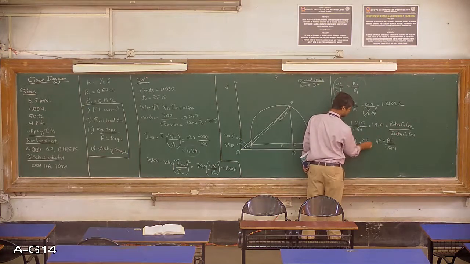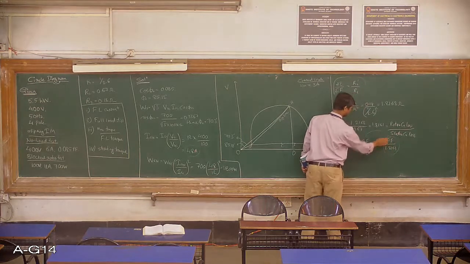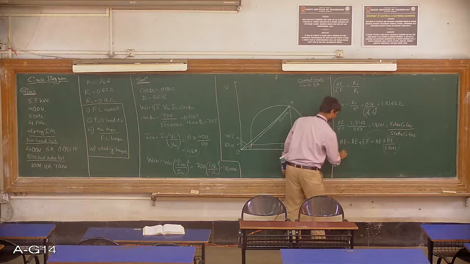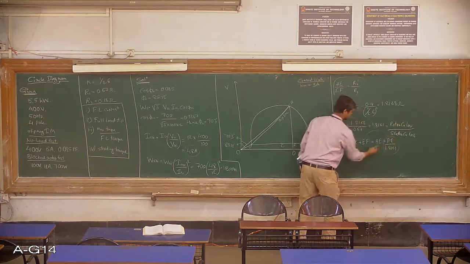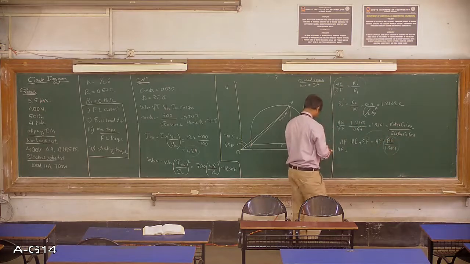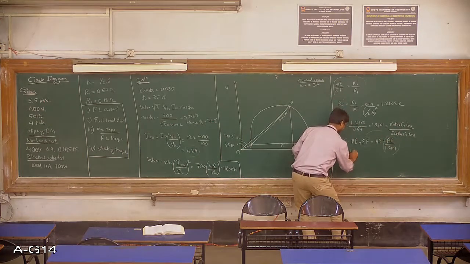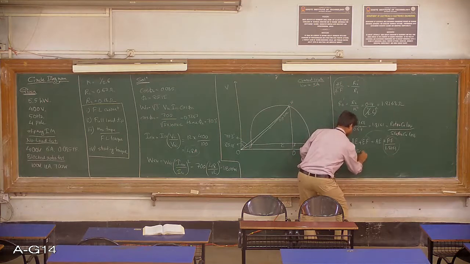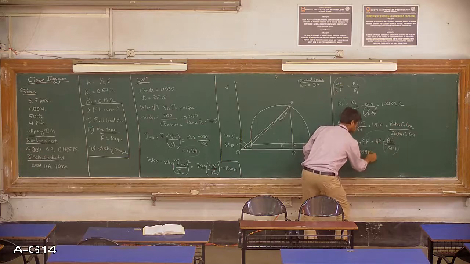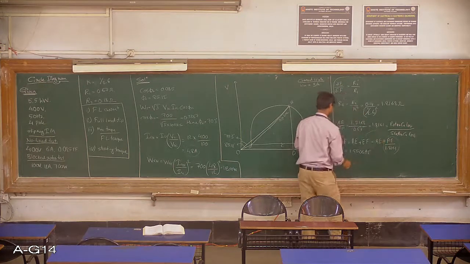Now AF equals 1.5506 AE. This results in 1.55 times AE.